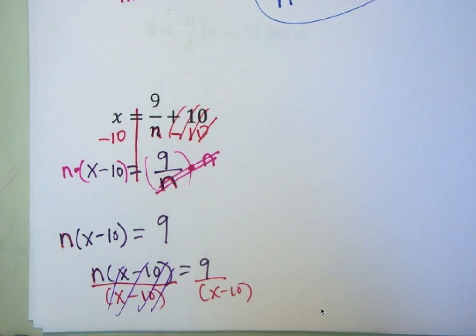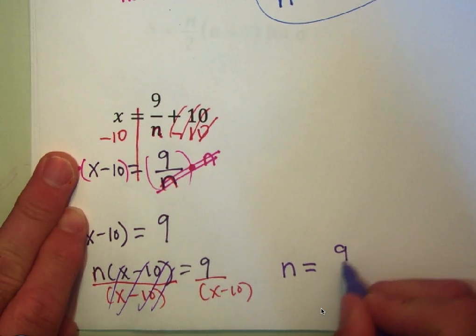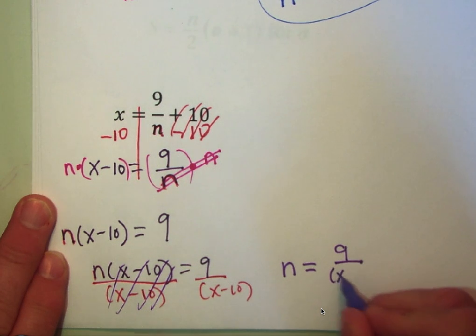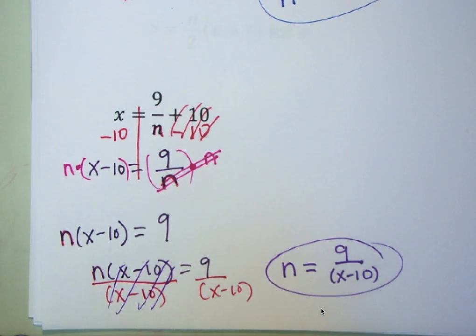So there we go. We got rid of our n, I mean, got everything near n. So we get n equals 9 over x minus 10.